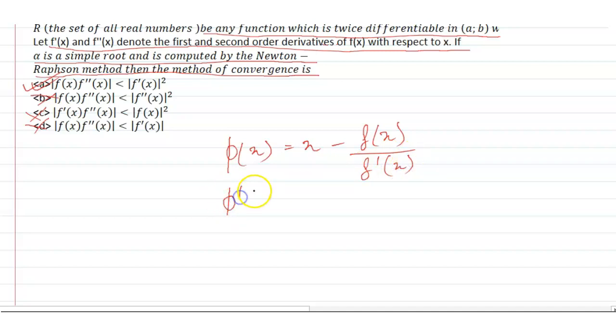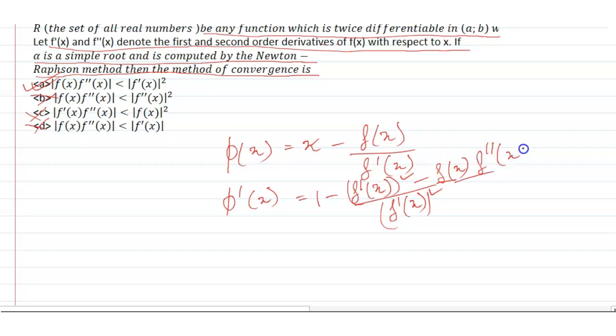Similarly, phi dash (x) is equal to 1 minus [f dash (x) whole square minus f(x) into f double dash (x)] divided by f dash (x) whole square, that implies f(x) into f double dash (x) divided by f dash (x) whole square.